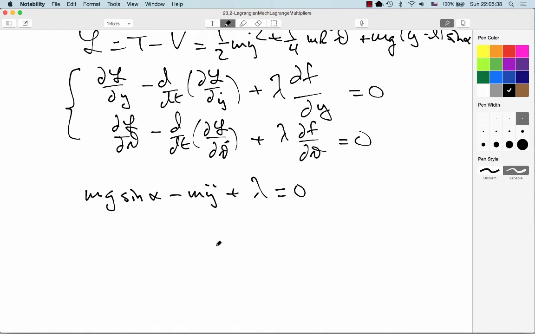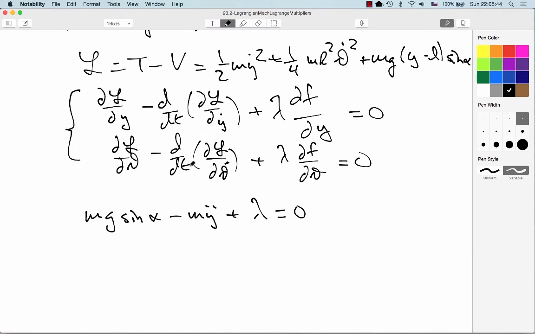All right. And then for the second one here, partial L partial theta, nothing. Now don't make the mistake of saying, ooh, theta's ignorable, because we're connected by the constraint between theta and y. So then we'll say minus, okay, so my theta dot stuff, okay, yeah, here it is.